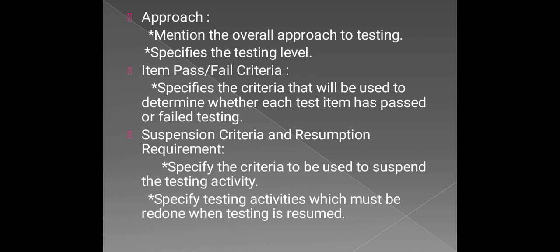Next, let us see about suspension criteria and resumption requirements. Specify the criteria used to suspend the testing activities, and specify the testing activities which must be redone when testing is resumed.